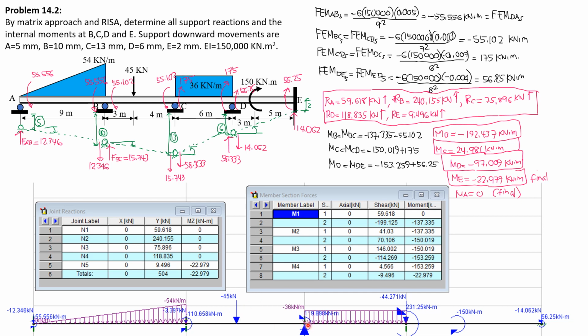Then at C, we have 15.743 plus 58.333. That would be equal to, it's not seen here, but it should be, use your calculator. 15.743 plus 58.333 is 74.076.